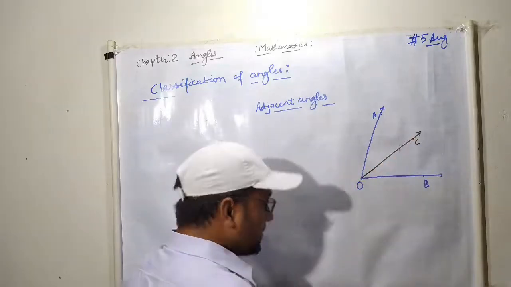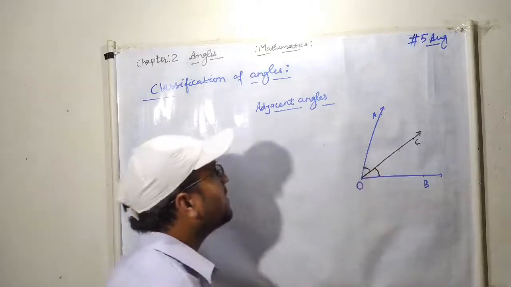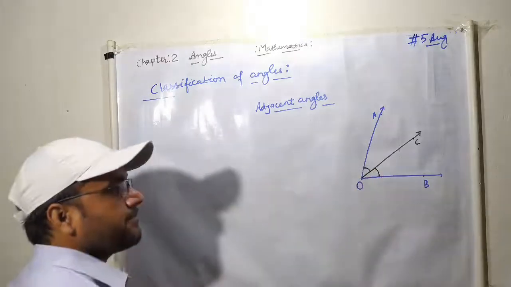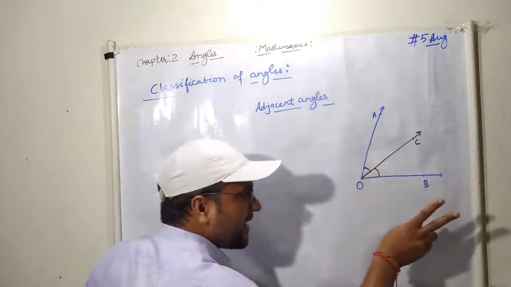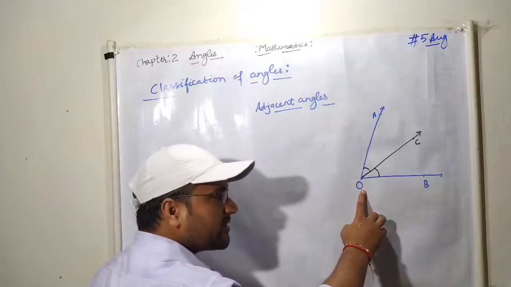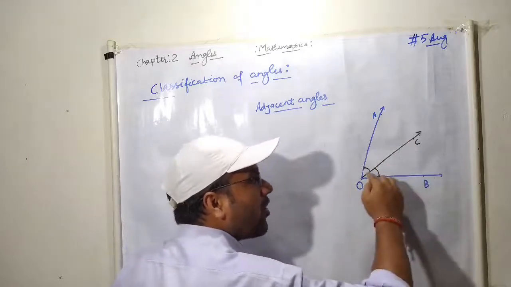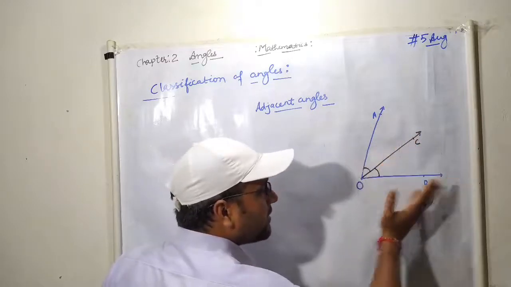Then these two angles are said to be adjacent angles. Two angles are said to be adjacent angles if they have a common vertex. O is the common vertex, and they have a common arm. OC is common between angles AOC and BOC.